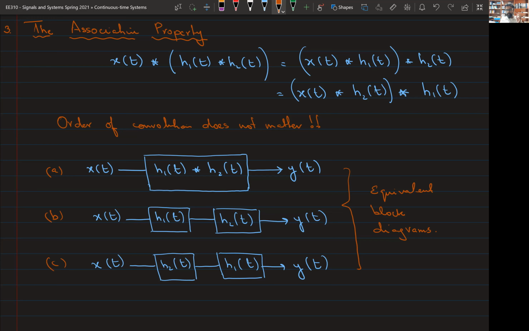Exactly. So what diagram number A represents is h3 of t, right? So diagram A represents just one system, and what is the impulse response of that system? The impulse response of that system is equal to the convolution of h1 and h2. That's the third system, if you will. Okay sir? That would be equal to saying h1 and h2 are connected in series together. Right sir. So this is the associative property.